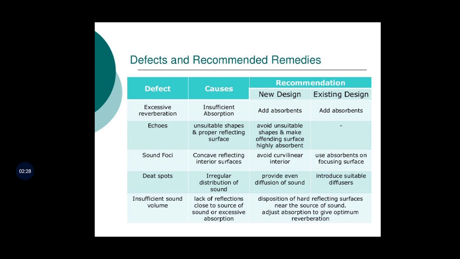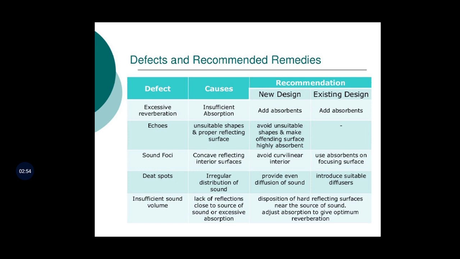Sound foci: concave reflecting interior surfaces are the cause, so avoid these curvilinear interiors and add absorbent. Dead spot: irregular distribution of sound, because a dead spot is a side effect of sound foci. Then what is the solution? Provide even diffusion of sound or introduce suitable diffusers.